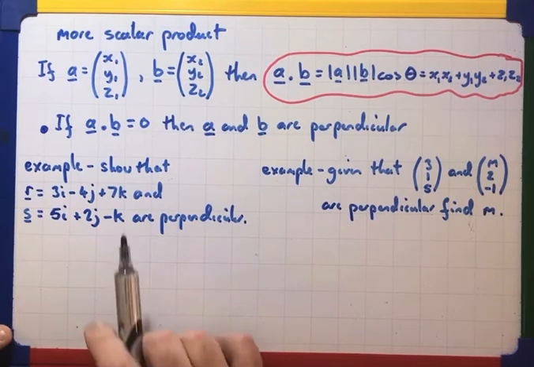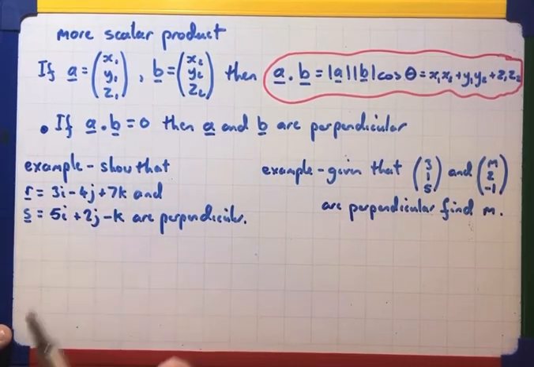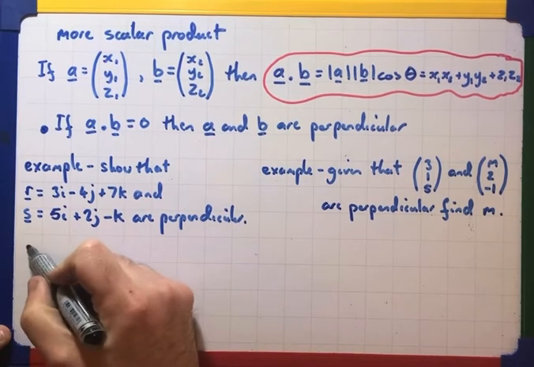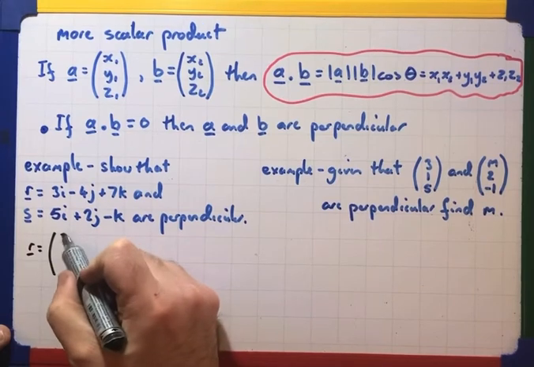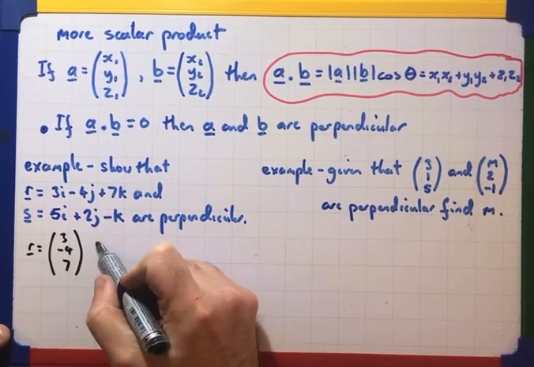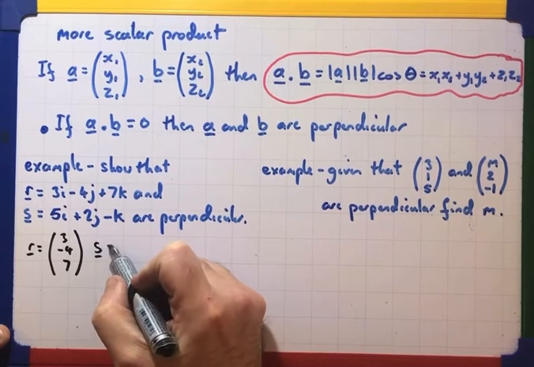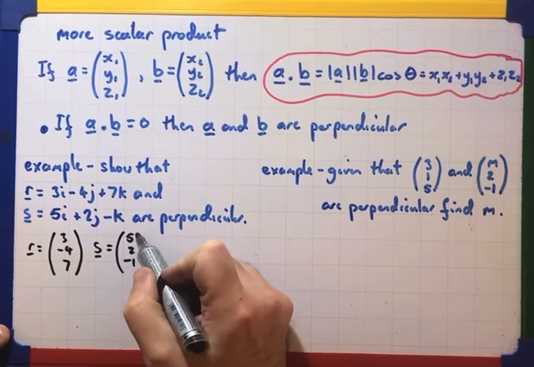For example, show that these two vectors are perpendicular. Well, let's write them in component form. R is 3, minus 4, 7, and S is 5, 2, minus 1.